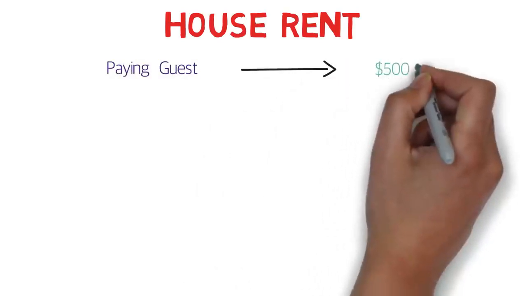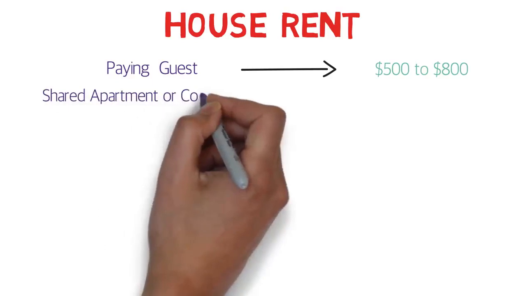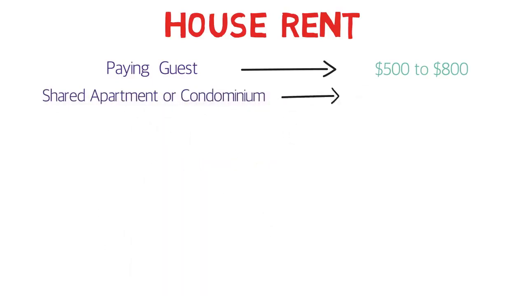For a paying guest, you might have to pay something like $500 to $800 in the GTA region. Mind it, I'm not talking about downtown Toronto because it's very expensive. So I'm giving you the expenses of house rents in the GTA region. Now, share apartment or condominium, you would have to pay something like $700 to $1,100.